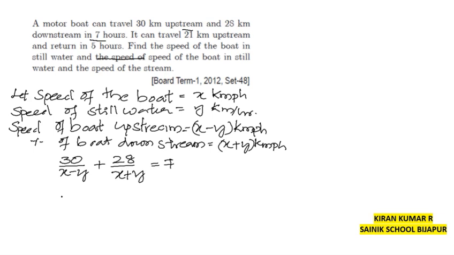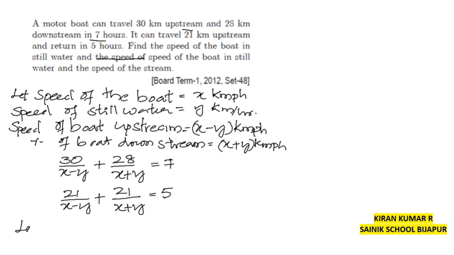In a similar way, we have the second condition. For 21 kilometer upstream, the time taken is 21 divided by x minus y. For 21 kilometer downstream, the time is 21 divided by x plus y. The total time taken is 5 hours. This equation is a bit difficult to solve.